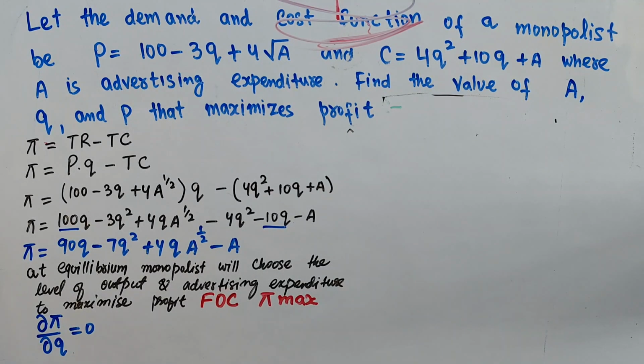At equilibrium, the marginal profit should be equal to 0. This is one condition. The second condition is that the change in profit due to the change in advertising expenditure should be equal to 0. So we have two profit maximizing conditions here.